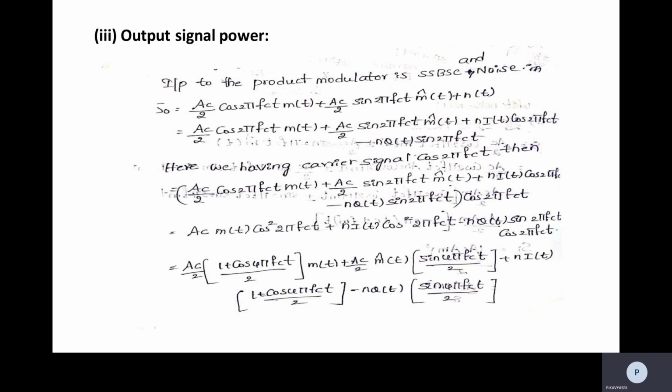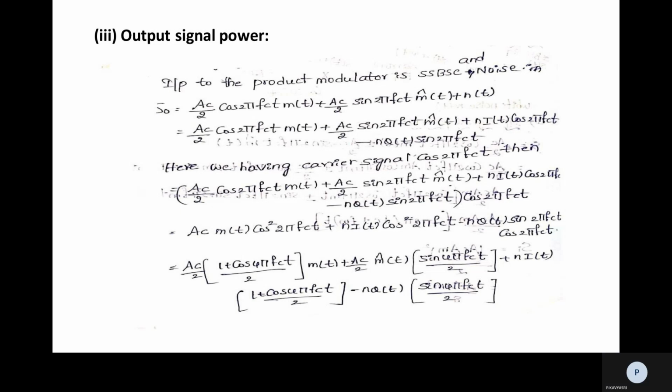Now we will find the output signal power. At the receiver side, the input to the product modulator is a SSB signal as well as noise. We can write it as S naught is equal to Ac by 2 cos 2 pi fct m of t plus Ac by 2 sin 2 pi fct m cap of t plus noise n of t.